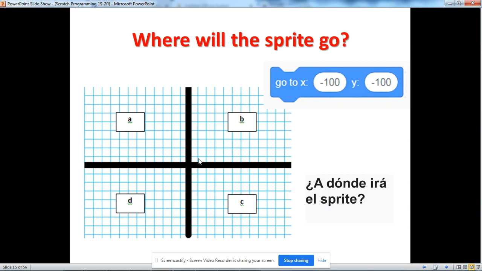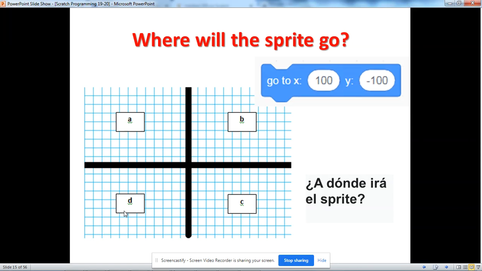If you said D, you are correct. We are subtracting from the x-axis and subtracting from the y-axis. And the last one, if we told a sprite to go to x100, y -100, which quadrant would it land in, A, B, C, or D? And if you said C, you are correct. We are adding to the x and subtracting from the y, which would put us somewhere in quadrant C.